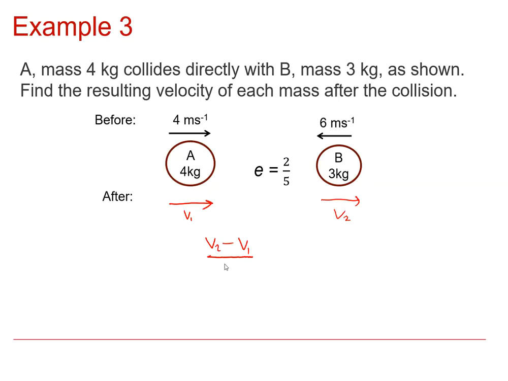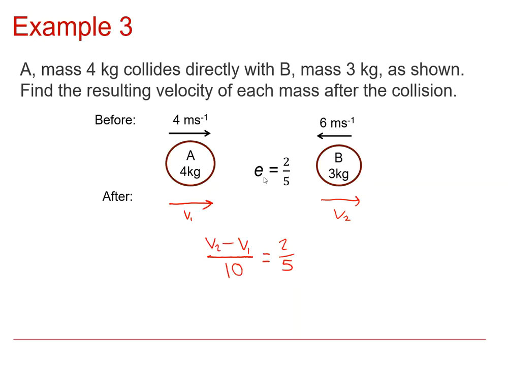Divided by the speed of approach, which we can see is, well, we've got 4 in that direction, 6 in that direction, so that's a speed of approach of 10. And that equals 2/5. Okay, so there's not enough information there yet to work out what either of these things are.